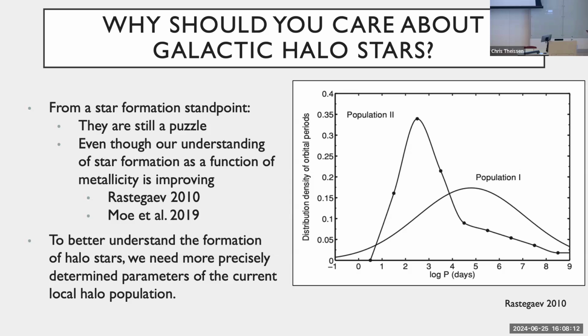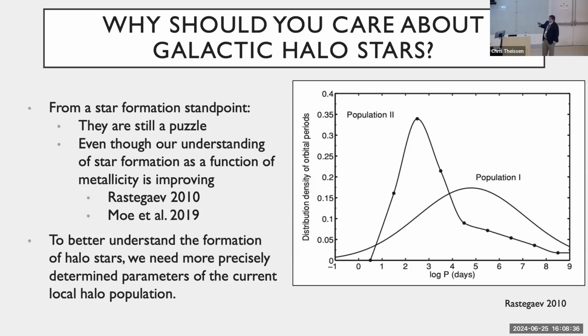You can see the population 2 of the halo stars has a peak that is closer, or at shorter periods, than the galactic disk. And a couple of years ago, Moe in 2019 did a similar reanalysis of a bunch of surveys and found that yes, the close binary fraction is anti-correlated with metallicity. So as you go to more metal poor stars, you have more close binaries.